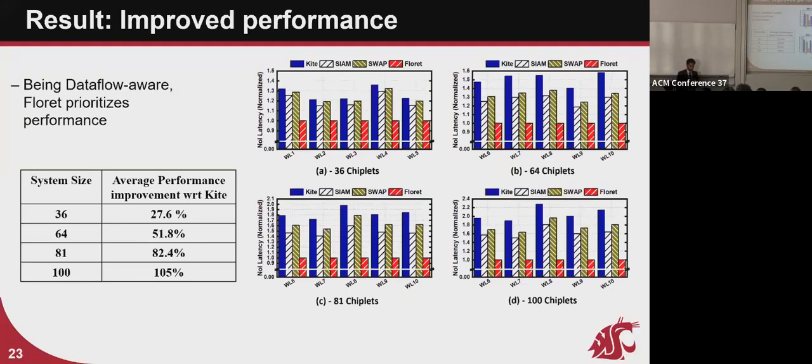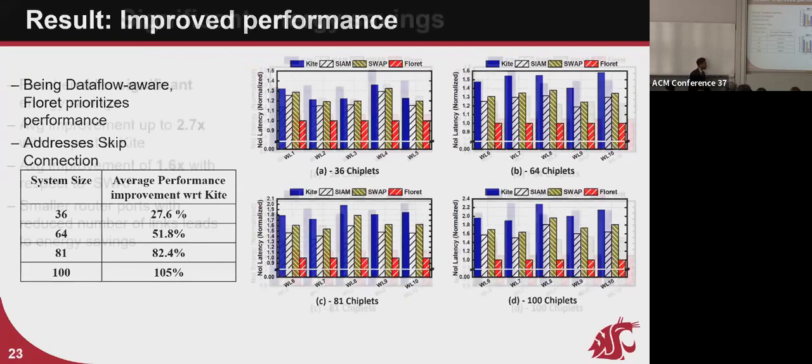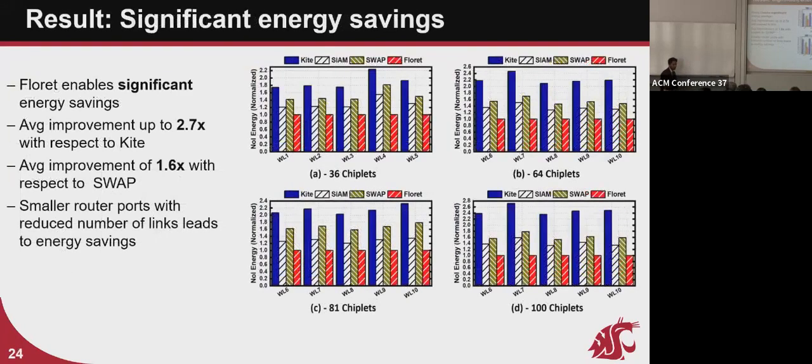Floret prioritizes performance, whereas we are able to address the skip connections we have considered because they flow through the NOI. Let's look at the energy savings, which are a byproduct of lower power consumption from having smaller routers. Floret enables significant energy savings, about 2.7 times with respect to Kite, and about 1.6 with respect to SWAP, last year's paper. Having smaller routers with a reduced number of links leads to this energy saving.